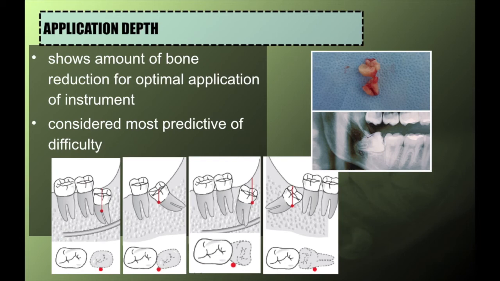It is based on the fact that the deeper the impaction is, the more bone reduction will be needed to reach the optimal application of the instruments. In this diagram, various angulations show the difference in the depth needed to reach the application point of the instrument, that which is the point where forces can be effectively applied to displace the tooth out.